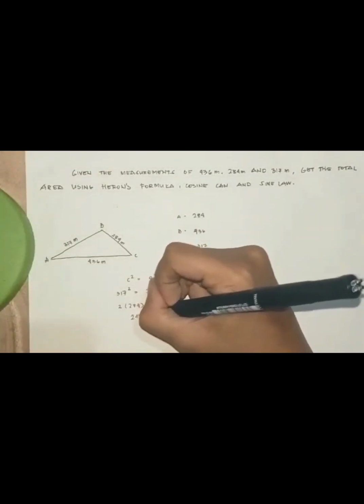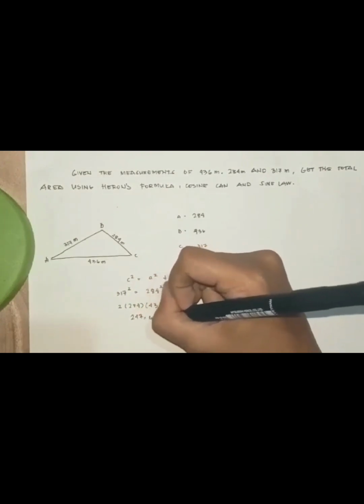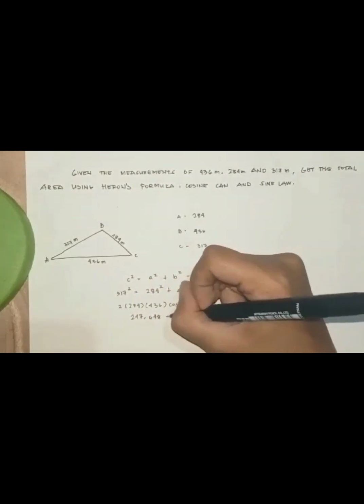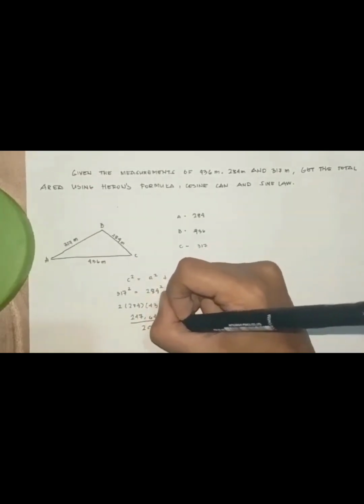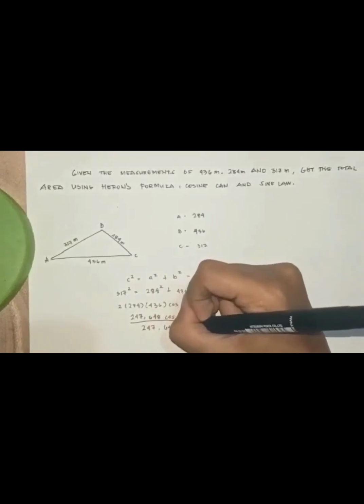We have 2 times 284 times 436 is equal to 247,648, cosine C, divided by both sides 247,648.